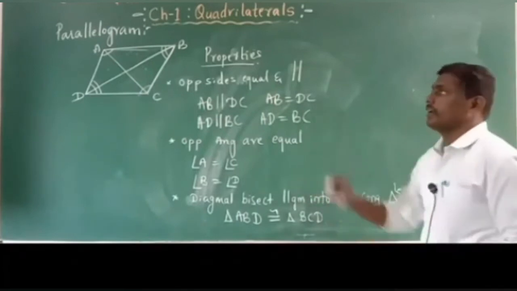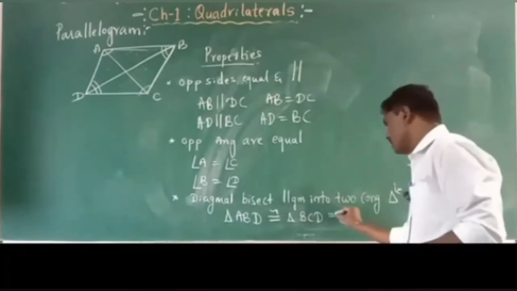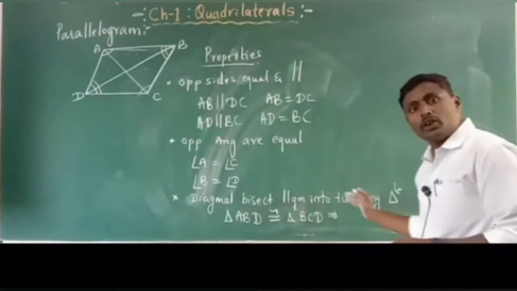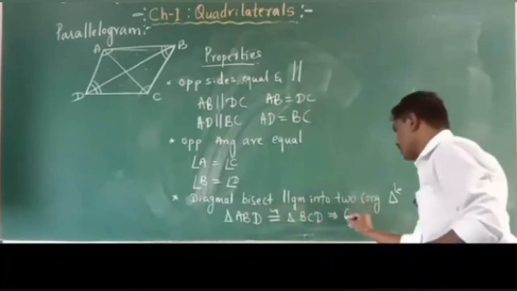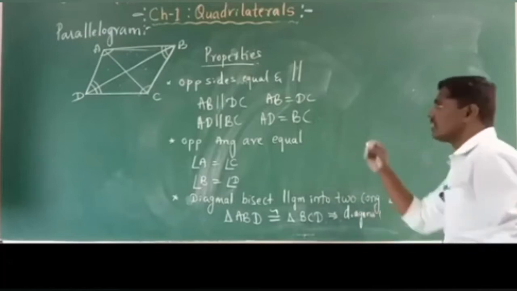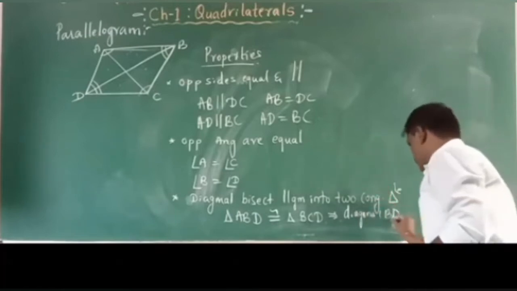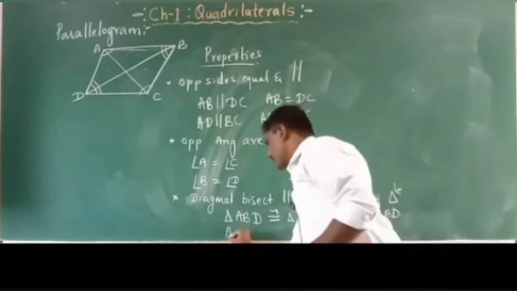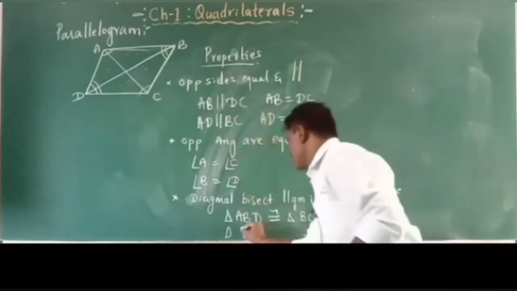These are the two triangles obtained by the diagonal. What is the first diagonal? BD. Next, second triangle ABC.